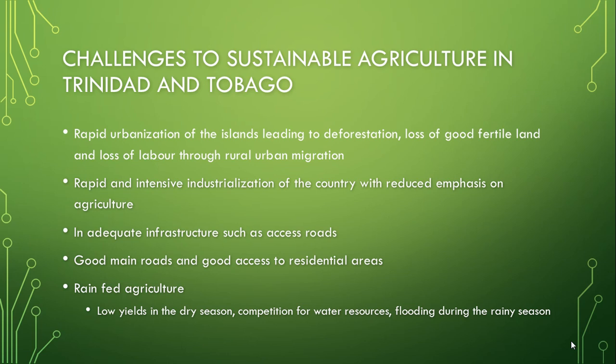We also have the loss of labor occurring through rural-urban migration as a result of the displacement of small farmers as well. We have a rapid and intensive industrialization taking place in Trinidad and Tobago, particularly on the Trinidad side, and this reduces the emphasis on agriculture, as we've already seen.